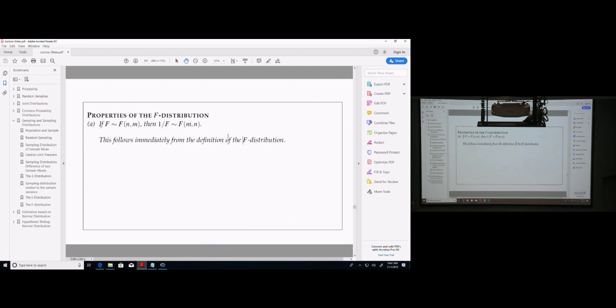That is the reason, because basically the F is the ratio of two chi-squares. The first number tracks the degrees of freedom of the numerator, and the second is the denominator. So when you take the reciprocal of the F distribution, then the degrees of freedom will be interchanged.